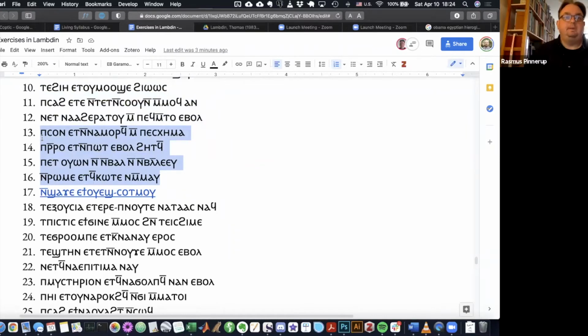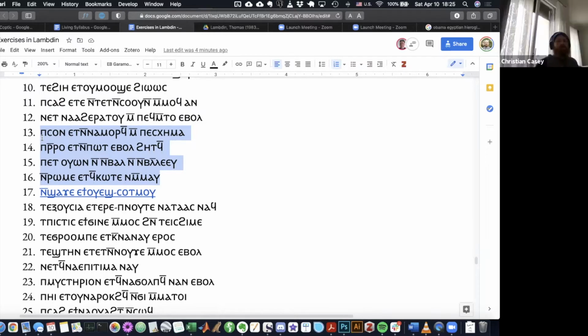Sure. So 13 is person et namoref peskema, which is the brother whom we shall make a monk. Literally, to bind to the habit. Yeah, bind, probably with the habit or in the habit, but yeah, the brother whom we will bind in the habit.